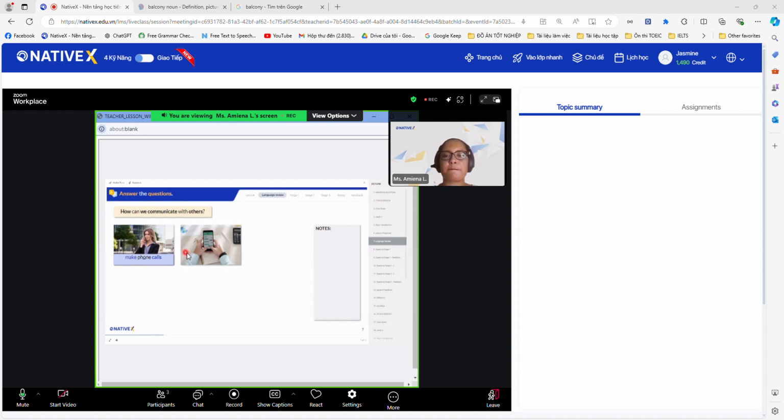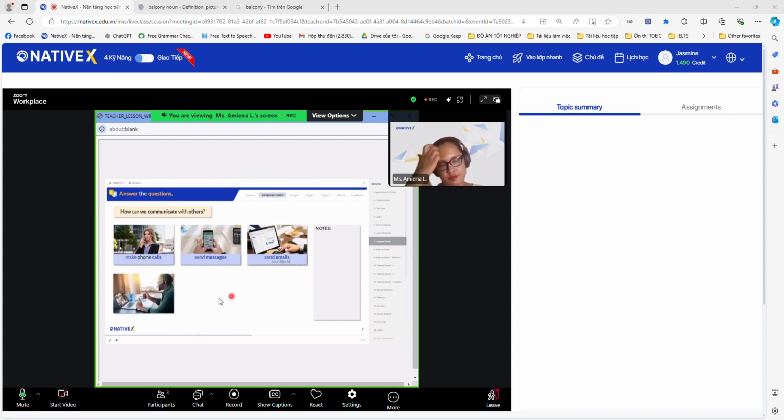We can send messages to communicate. And we can send emails. Very good. What about the fourth picture? He is making video calls. That's right.